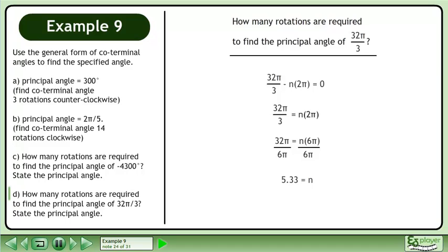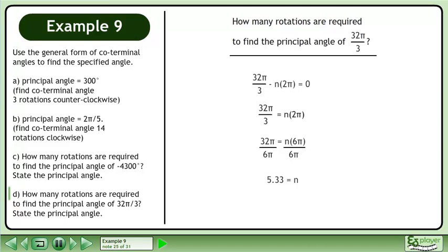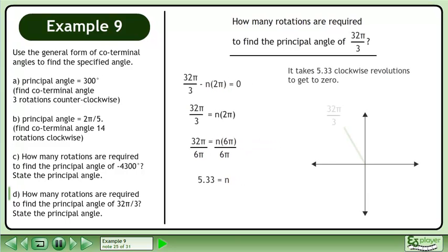This gives us n equals 5.33. It takes 5.33 clockwise revolutions to get to 0. Backtrack to 5 revolutions to return the terminal arm to its original position.